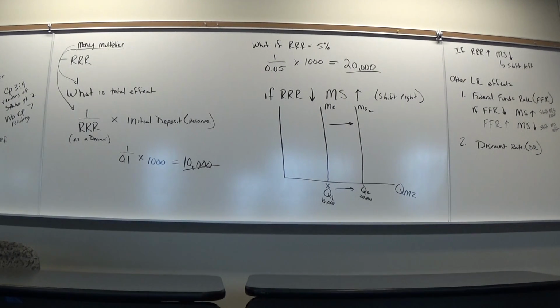The discount rate is the interest rate that banks can borrow money from the Federal Reserve at.